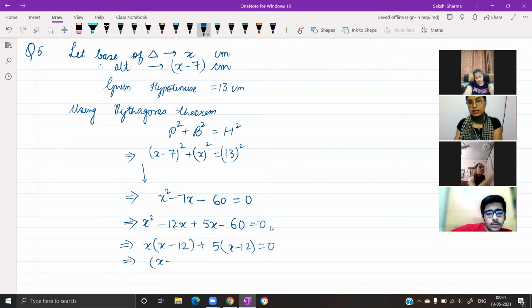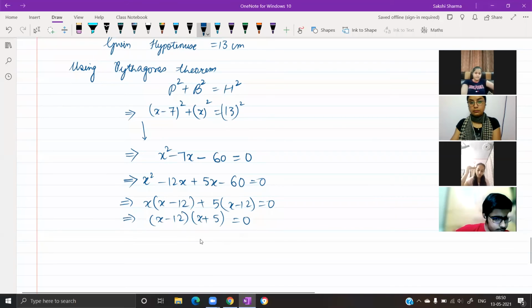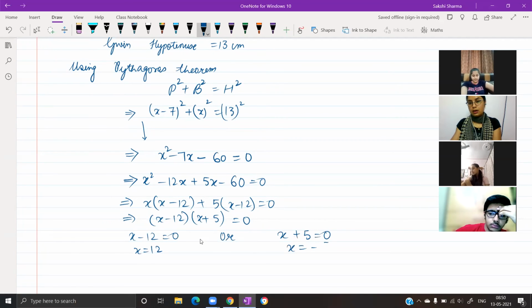The linear factors are x minus 12 and x plus 5 equals to 0. From here, the values of x are either 12 or negative 5. Now consider your statement, are both values acceptable to us, or will we be rejecting either of these?